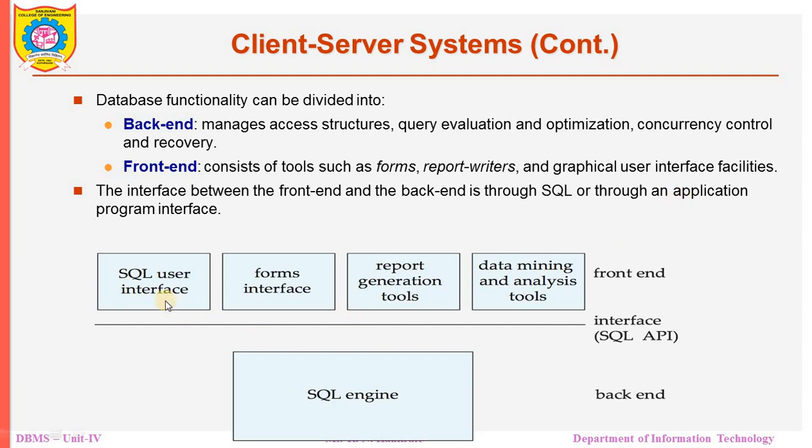Here at the front end, we have an SQL user interface, maybe a web page, forms interfaces, report generation tools and data mining analysis tools, with connectivity to the SQL engine as the backend. So the functionality provided by the database system can be broadly divided into two parts, front end and backend. The backend manages the access structure, query evaluation and optimization.